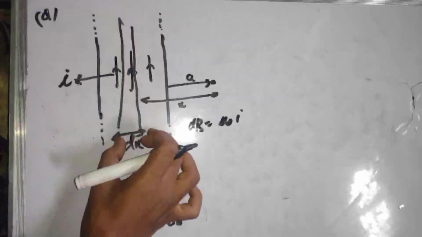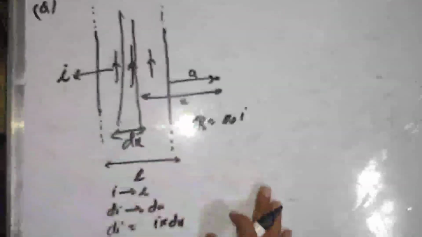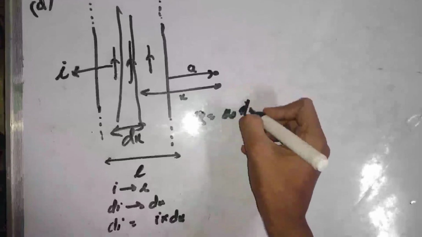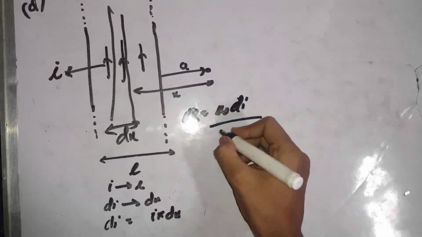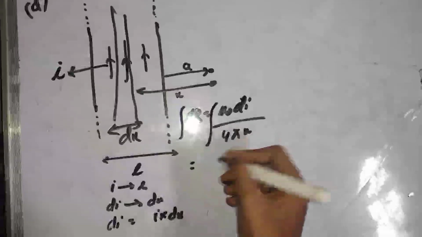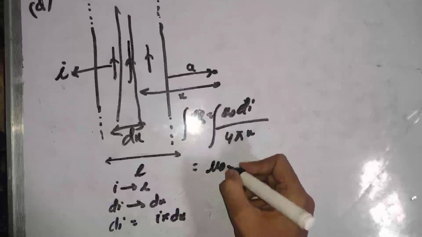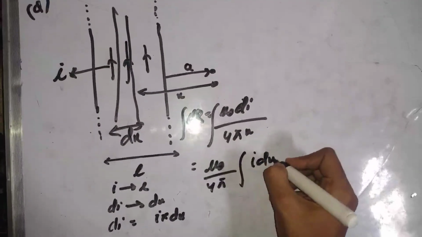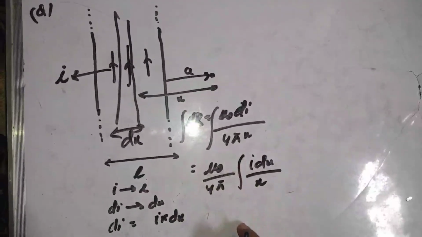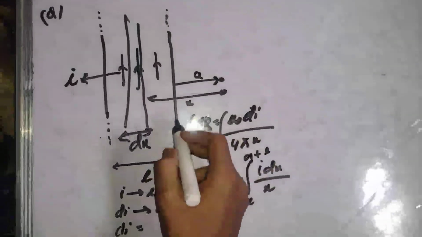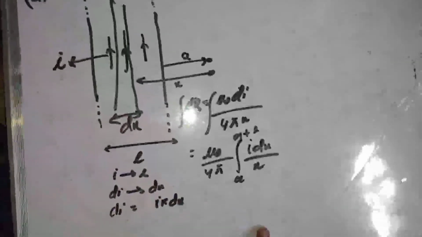This differential element will be kind of an infinite wire of thickness dx, and it will produce a dB, that is mu naught into dI upon 4 pi x. We have to integrate it. So mu naught upon 4 pi, and dI is I into dx upon x, and we'll integrate it from a to a plus l, because this sheet begins at a and ends at a plus l.